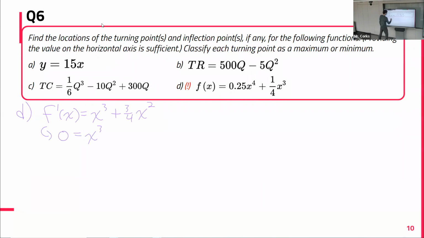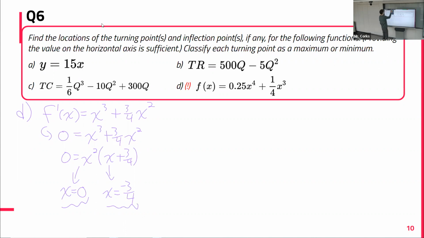We get 0 is equal to x cubed plus 3 over 4 x squared. And how can we try to solve? Okay, so factor out the x squared here. So x plus 3 over 4. And then our two solutions for x. All right, so x will be 0 or x will be equal to negative 3 over 4. Okay, so two of these points here.